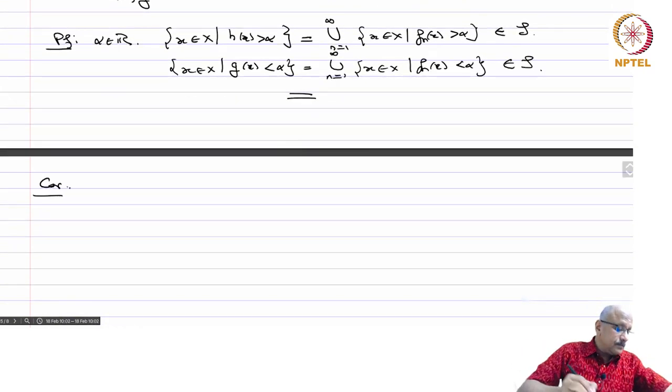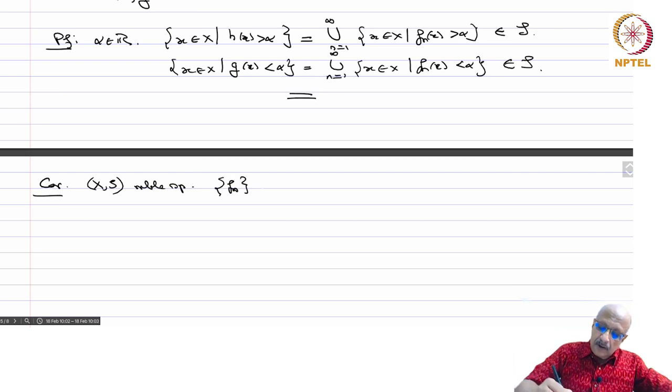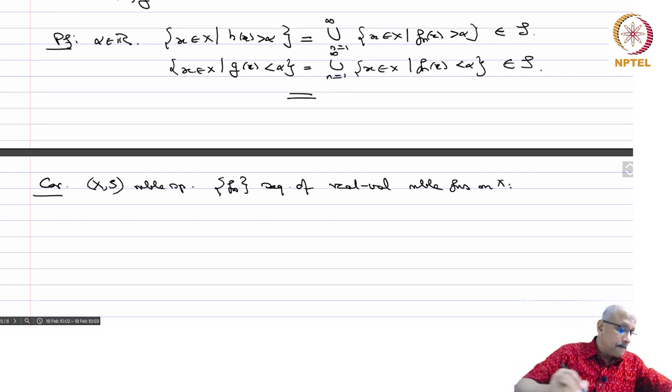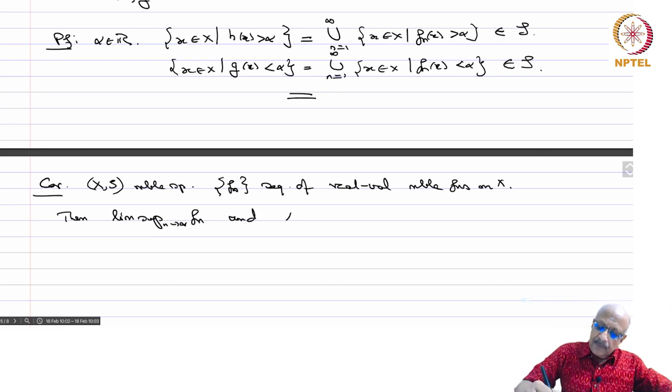Corollary: X, S is a measurable space, fn a sequence of real valued measurable functions. Then lim sup as n tends to infinity of fn and lim inf as n tends to infinity of fn are measurable.